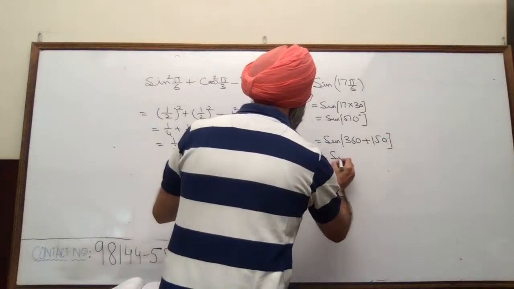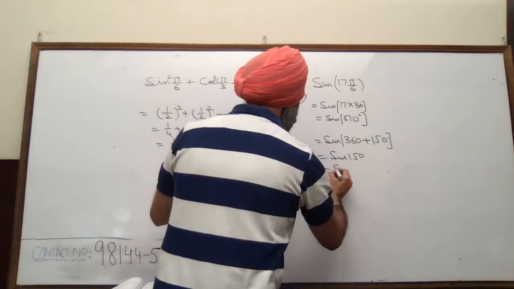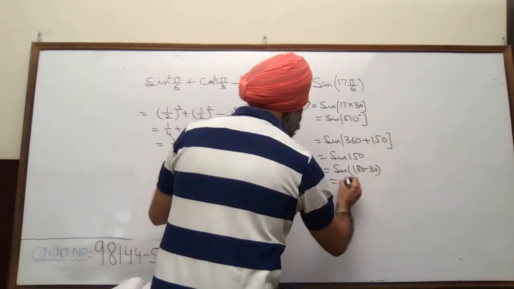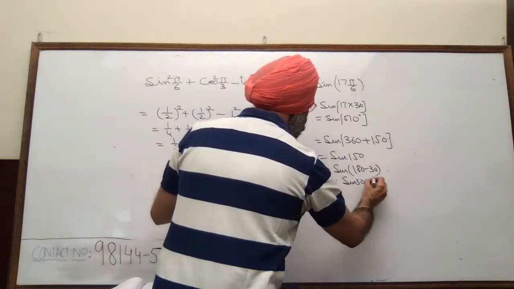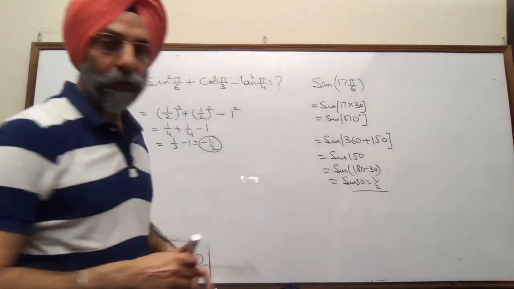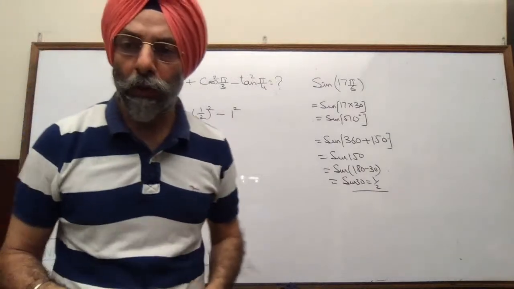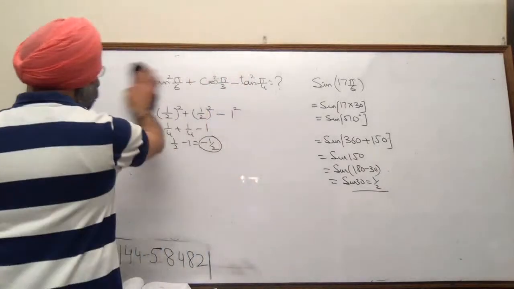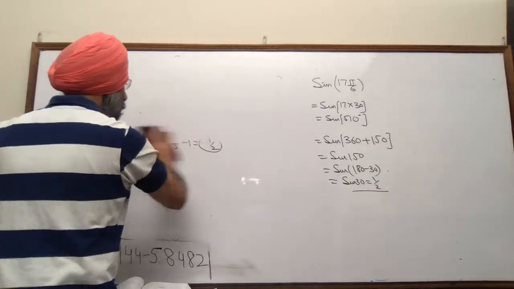So it is sine of 150 degrees, which is sine of 180 minus 30. So which is your positive sine 30, which is equal to half. Right, beta. Gurmeher, no beta. Check the sign. It is coming to be positive half and not minus half.